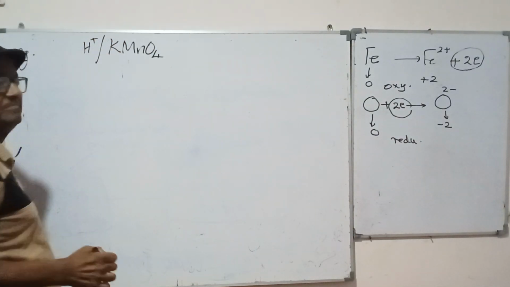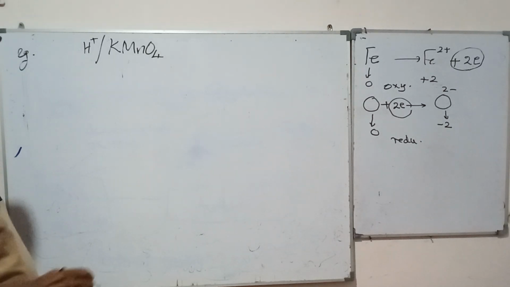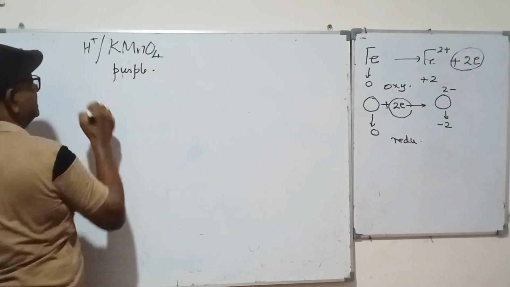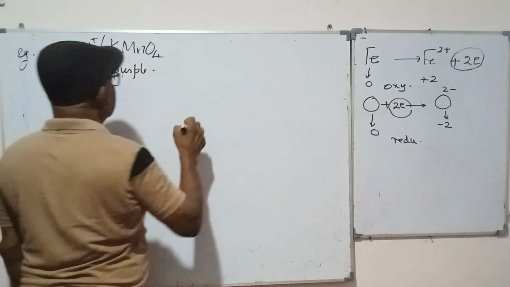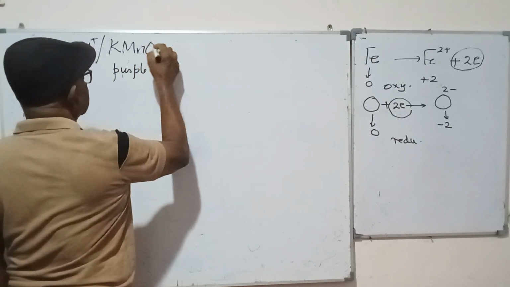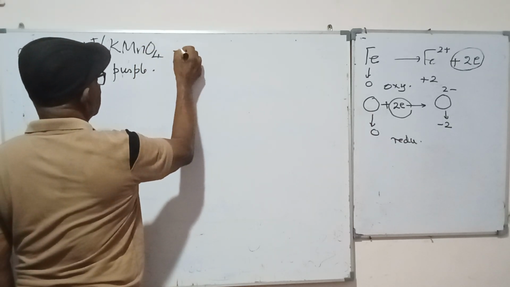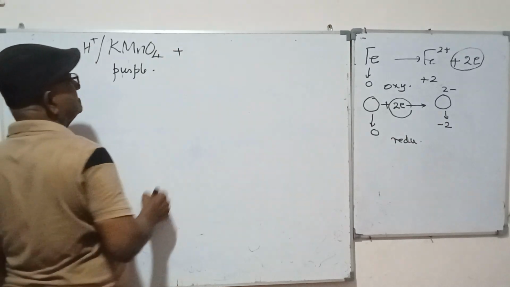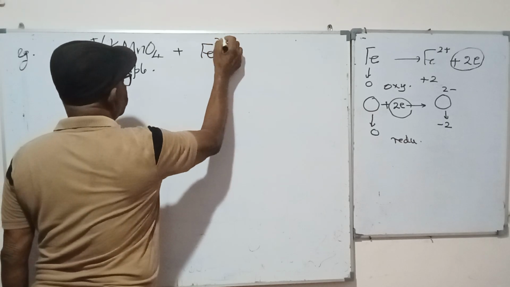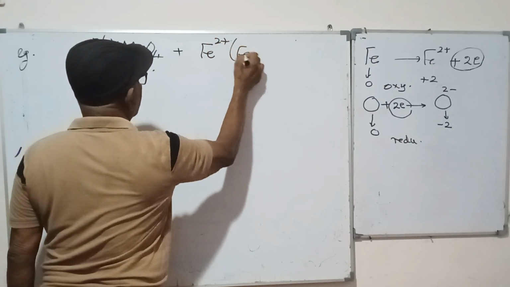KMnO4 has a purple color. When we allow the KMnO4 to react with Fe2 plus, Fe2 plus can be taken as FeSO4.